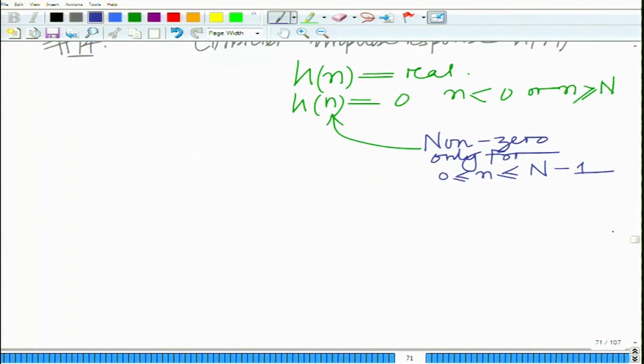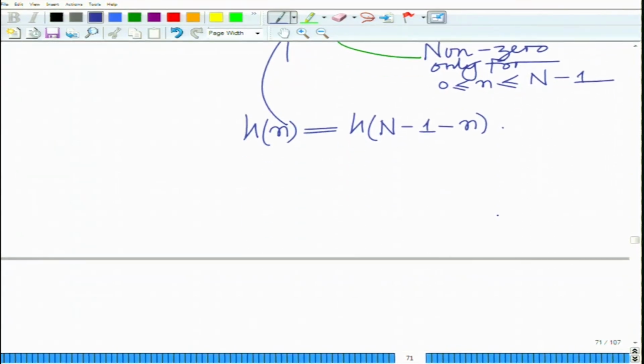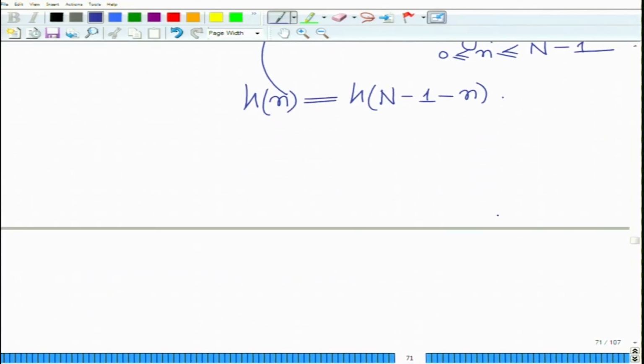Okay. And importantly, h[n] has the property h[n] equals h[N minus 1 minus n]. So, this has a symmetry, you can see.